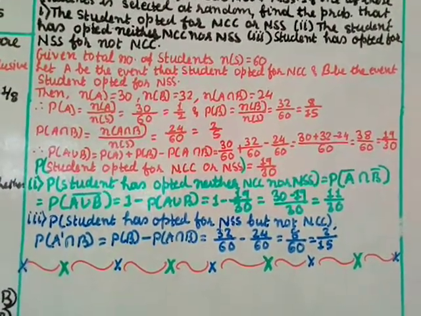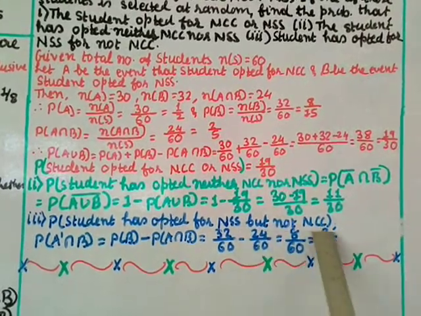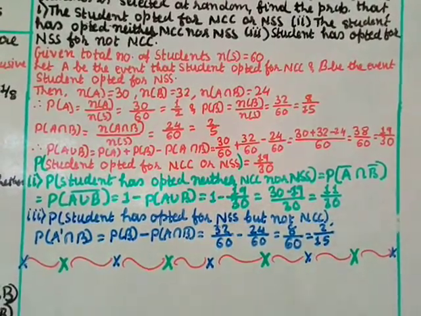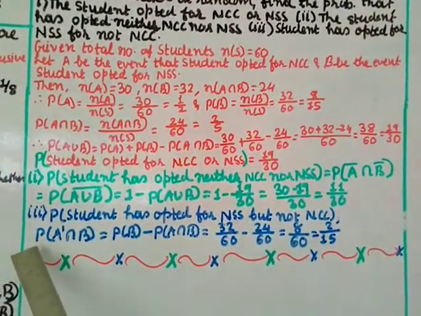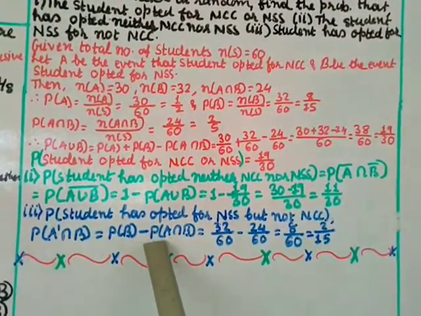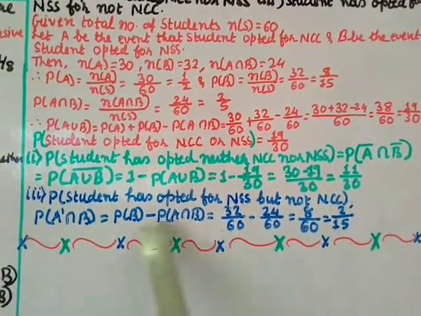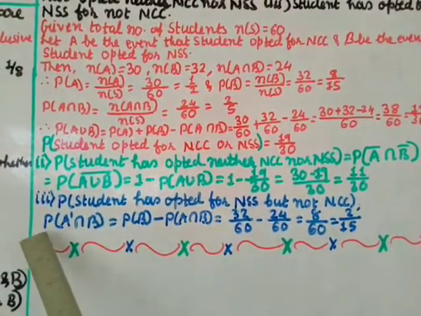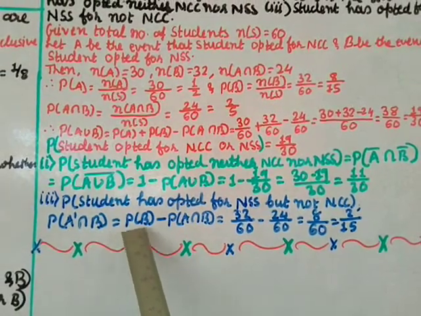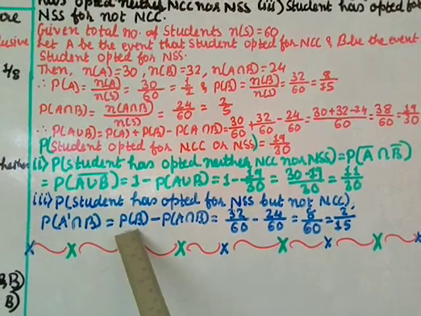And part 3 is P of student has opted for NSS but not NCC. So that means P of A dash intersection B equal to P of B minus P of A intersection B. This is the formula for this one. This is a different formula, so remember. P of A dash intersection B equal to P of B minus P of A intersection B, equal to P of B is 32 by 60.